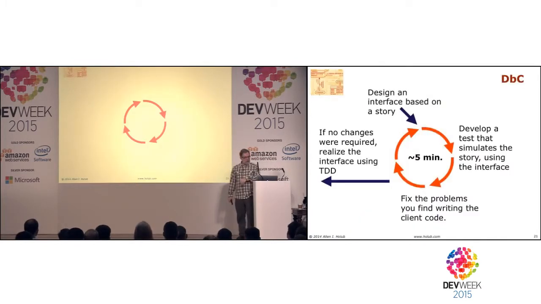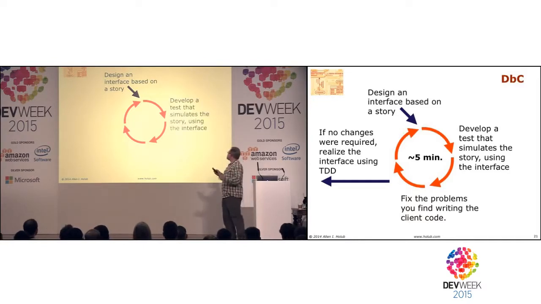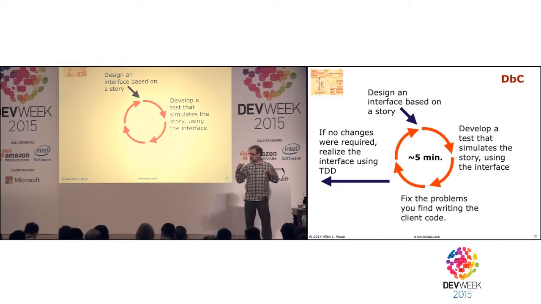So that gets me into my entire DbC process, which is a lot like the TDD process, but it's at a higher level. We start off by designing an interface based on the story, in the same way that I had my knight interface based on the incoming story. And then I develop what really is an acceptance test. It's a test that simulates the story, that pretends that it's some outside agent taking the knight through the process of fighting the dragon.